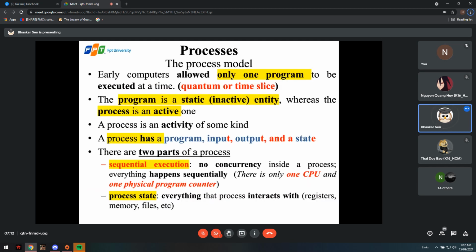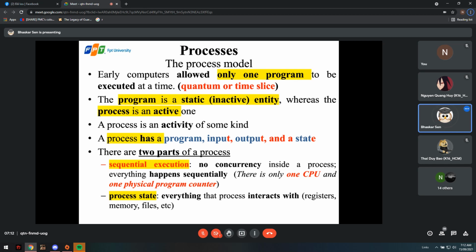Moving on, we try to build a model of the process. When you try to build a model of the process, you need to understand several factors. The early computers allowed only one program to execute at a time, in a quantum, or slice of time.